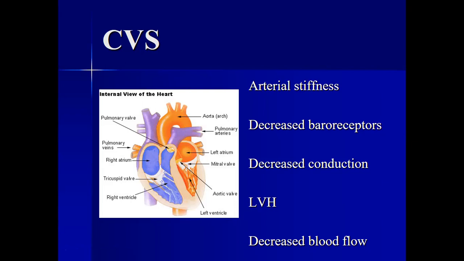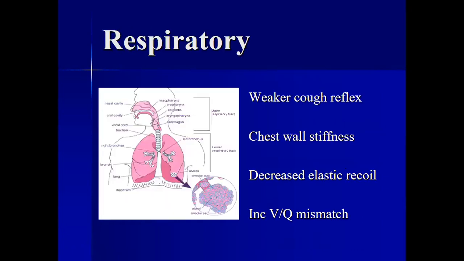What is high pulse pressure? The difference between systolic and diastolic is quite high. You can see in the geriatric population 120 over 80, 120 over 70, or 100 over 50. So there is a big difference between systolic and diastolic blood pressures. This is because of the arterial stiffness.